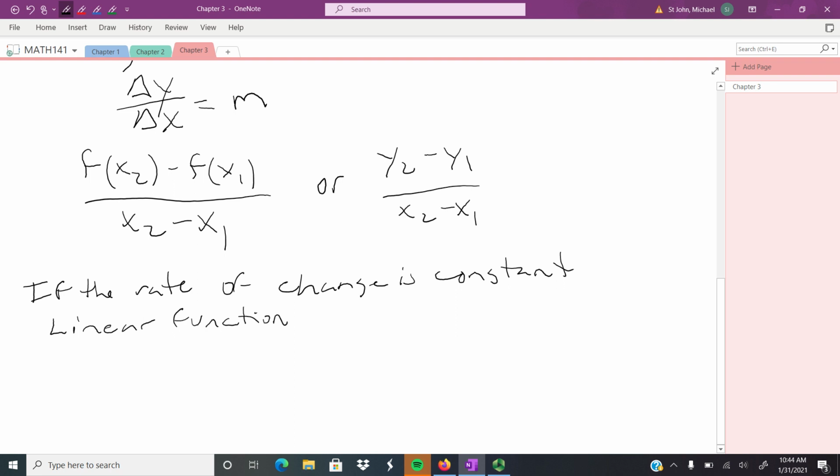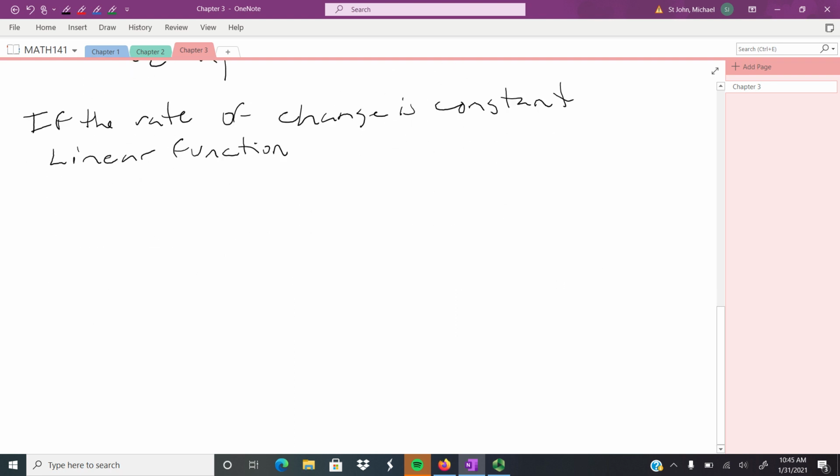So what does that mean? Let's draw a table here. Let's say I have this table, x and y. The numbers here are 2, 4, 6, 8, and then we have here 5, 8, 11, and 14. We want to look at the rate of change.